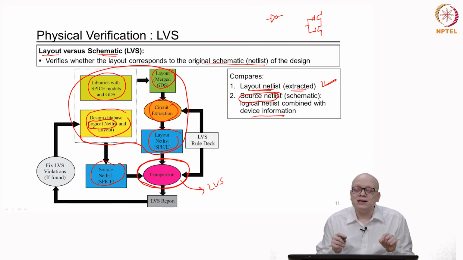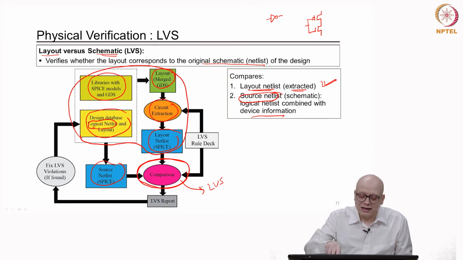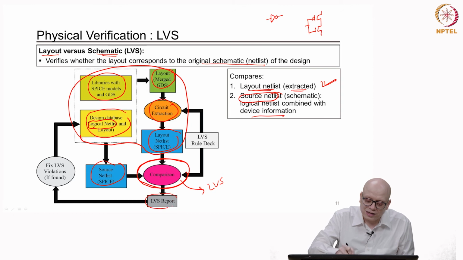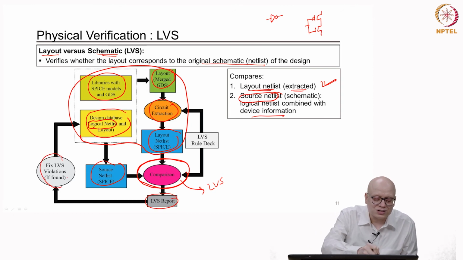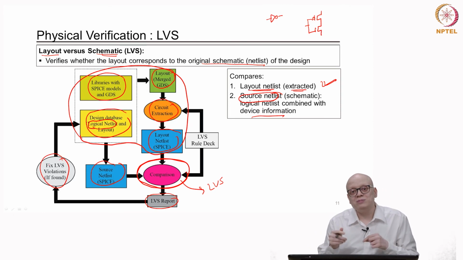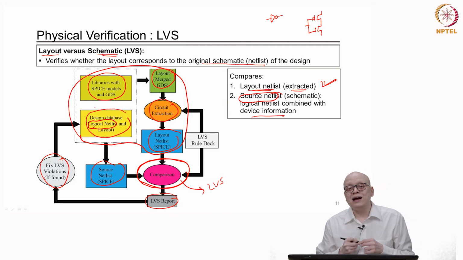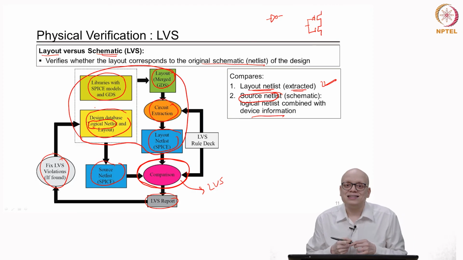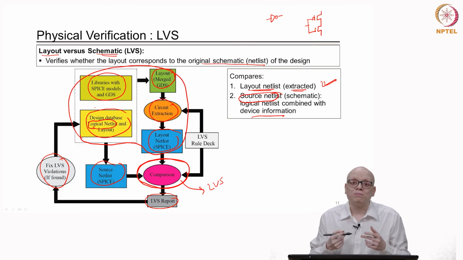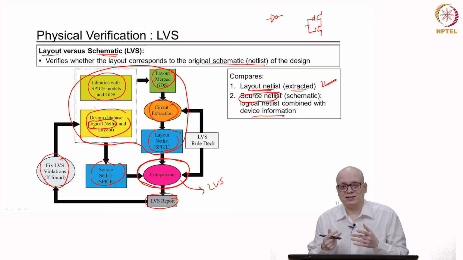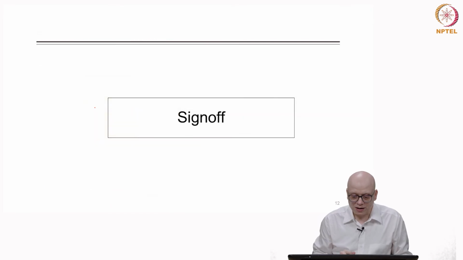If the comparison is successful, then we are done. If the LVS report shows some violations or discrepancies, then we need to go back to our layout or our design, see what the problem is, and fix it until the layout versus schematic check passes.